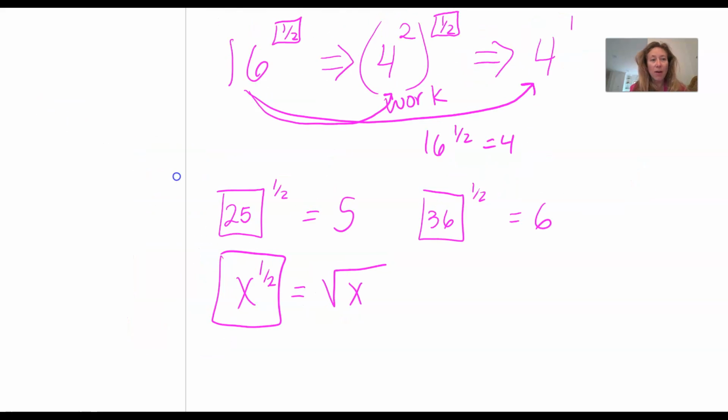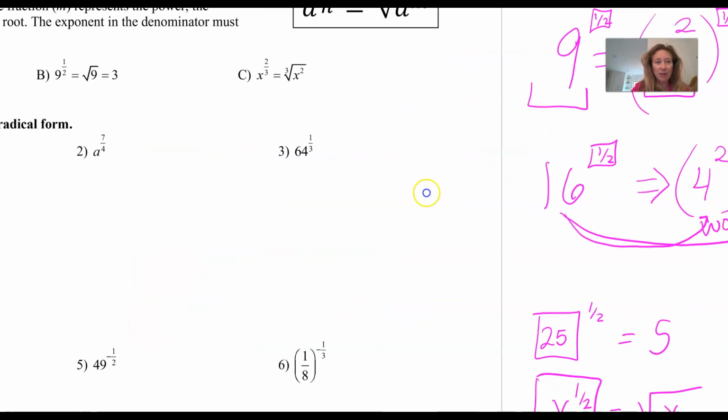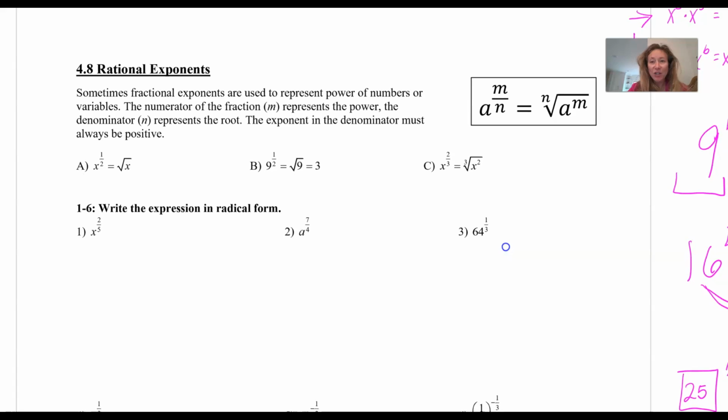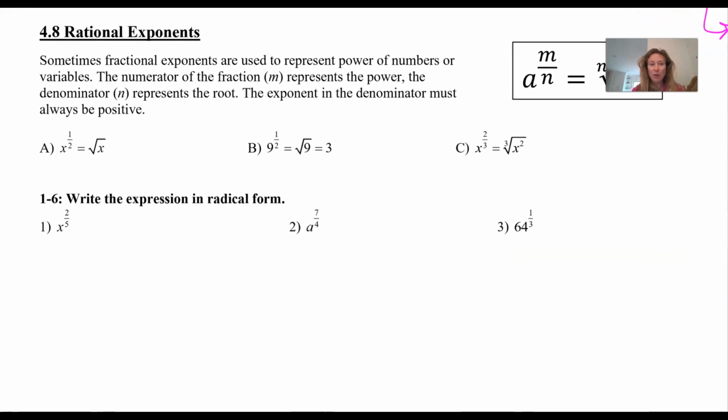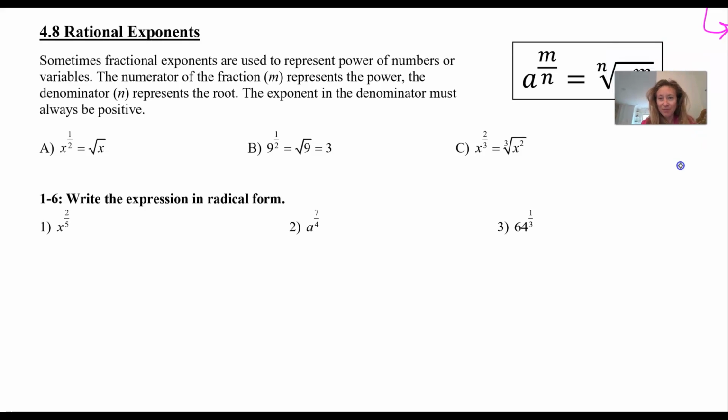So let's take a look at what I'm saying here. Rational exponents, rational is the math word for fraction exponents. Fraction exponents are used to represent powers of numbers. And we need to be mindful of where the numerator and the denominator is.